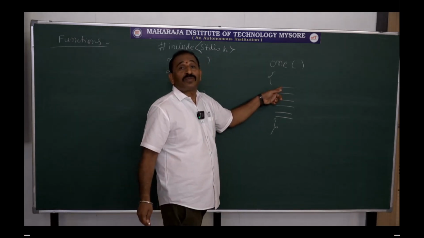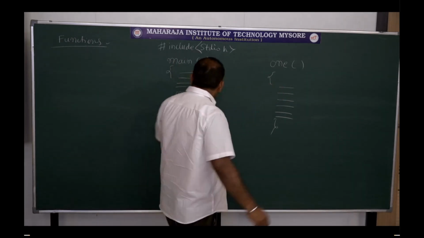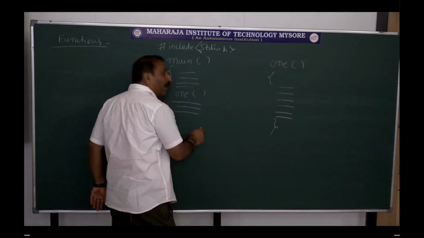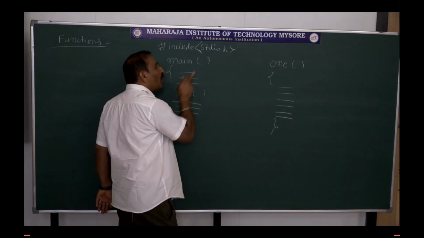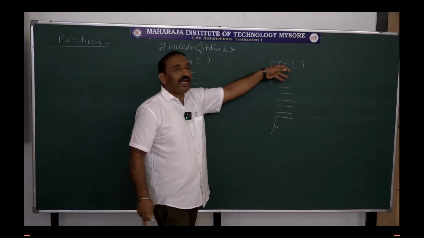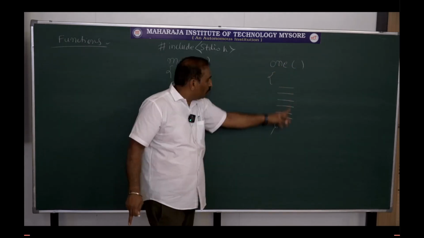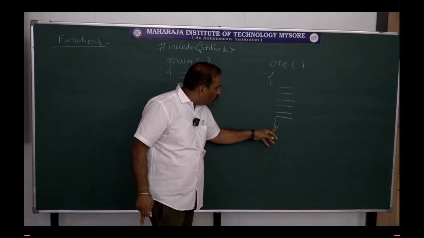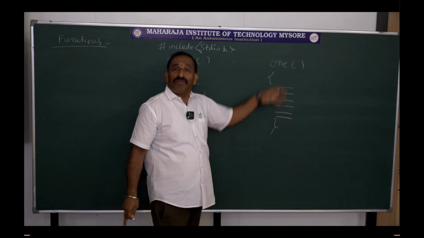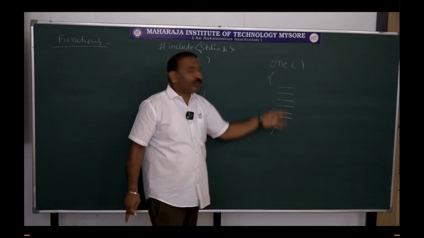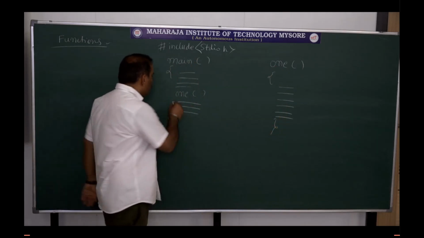It means inside this main function, you have called 1 as a function, and the control will go here and you will be executing this. Once you reach the closing flower bracket of the called function, you are coming back here and executing this.